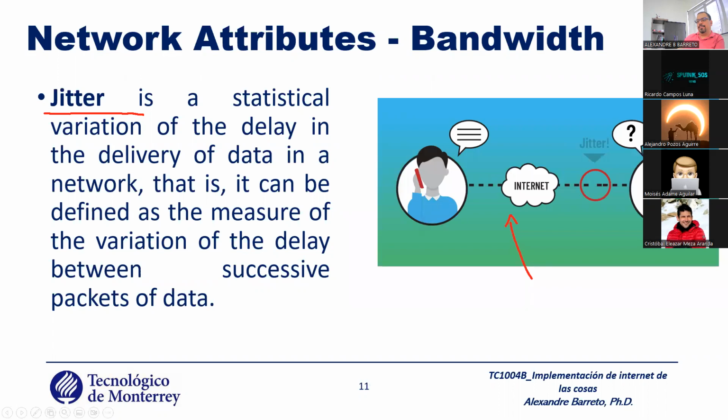One example here: you send the packets at a specific speed, but at this point, the packets increase the delay between one packet and the next, okay? The jitter is very important, for example, to video and voice applications.